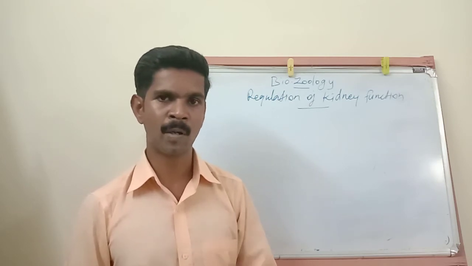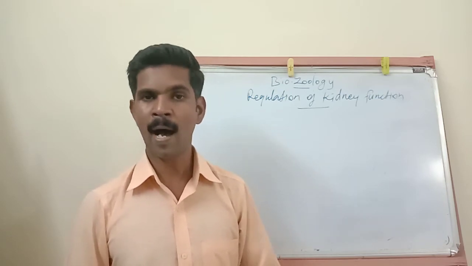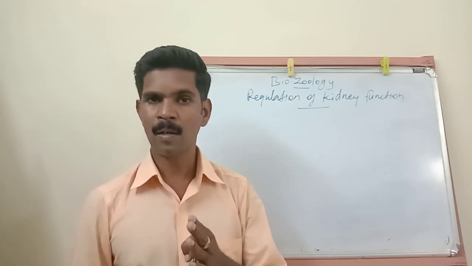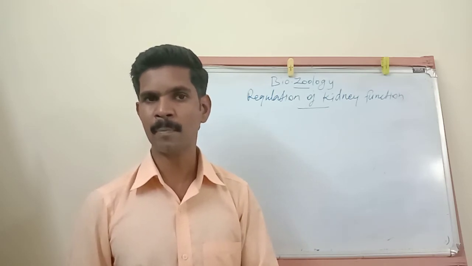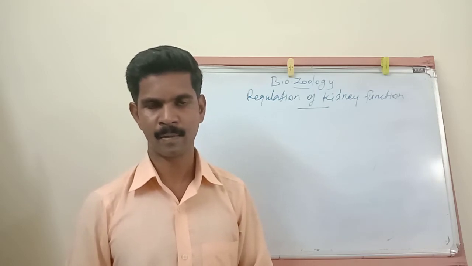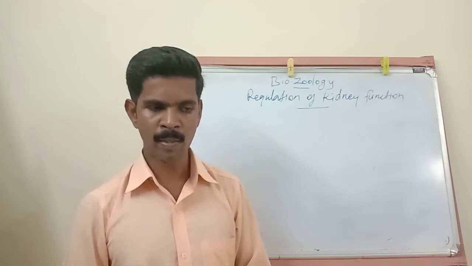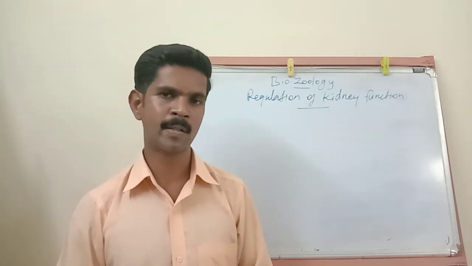They will drink more water and release more urine. Then dehydration and low BP. These are the symptoms we can see in a person affected by this disease. So in this topic we studied the functions of antidiuretic hormone.